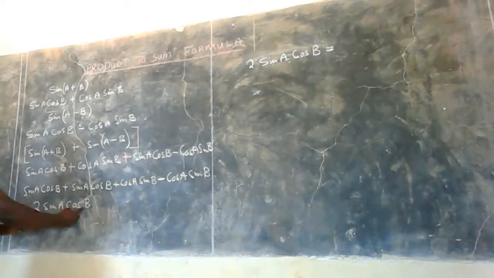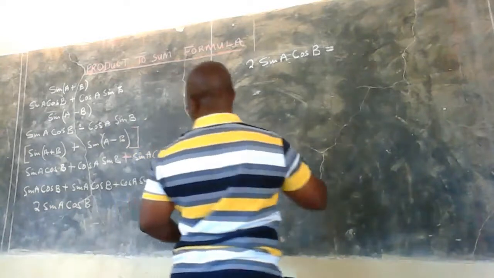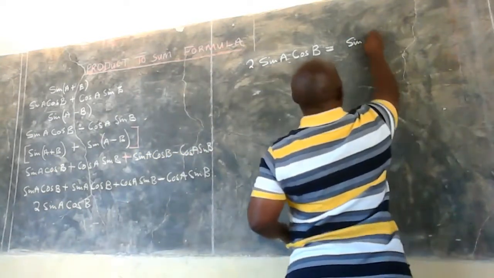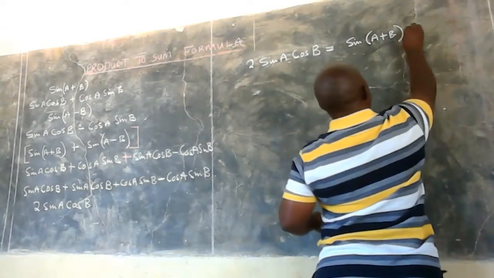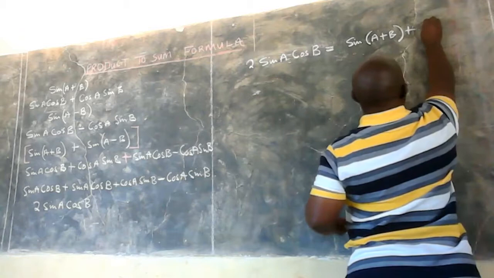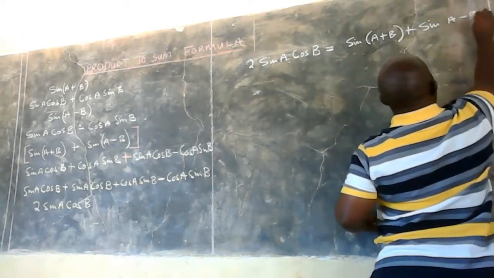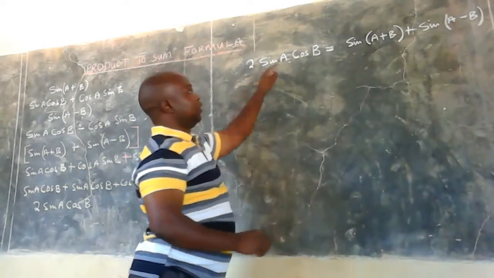So it is equal to sine A plus B, plus sine A minus B. We are saying this is equal to that.